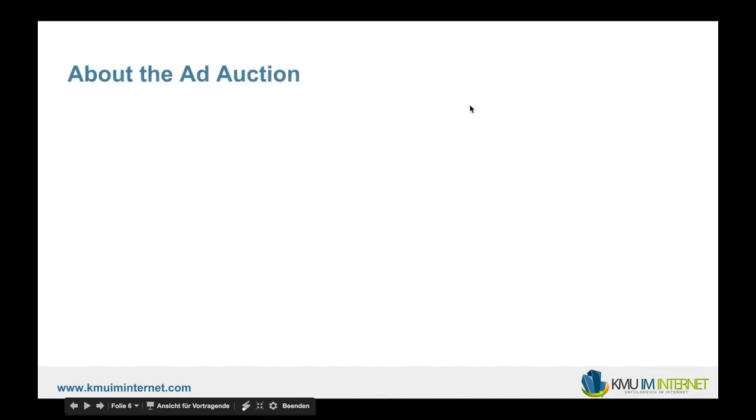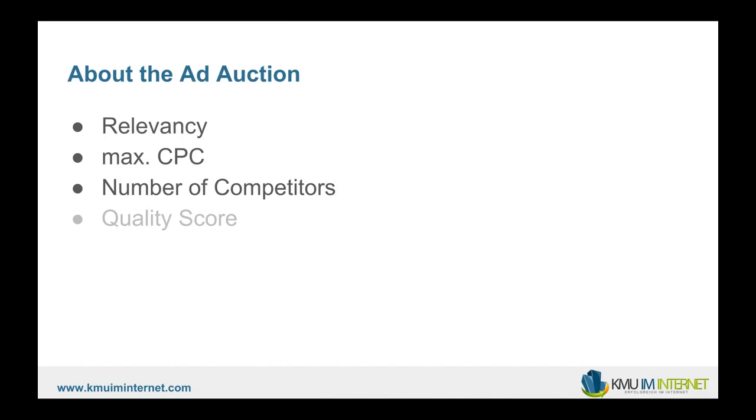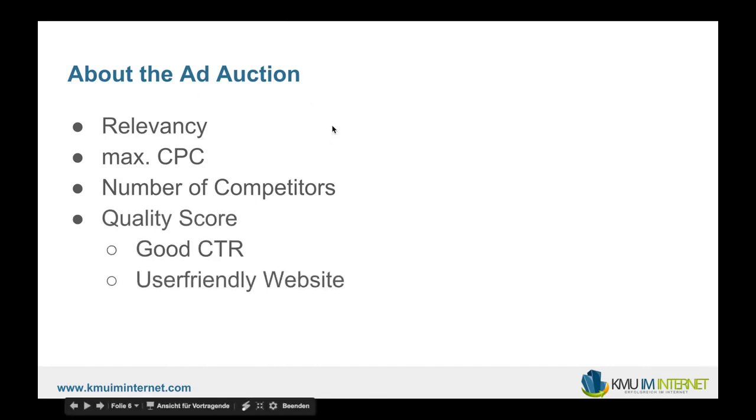About the ad auction, there are a few things which influence whether you are on top one, top two, or top three at these ad places. One factor, for example, is the relevancy. How relevant is your ad to the landing page and to the search query?